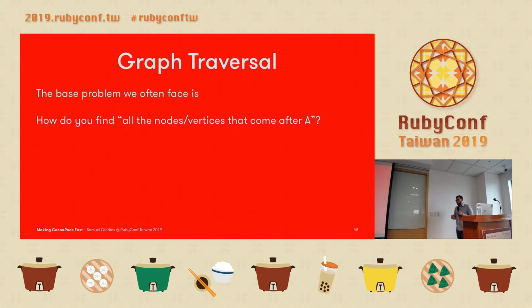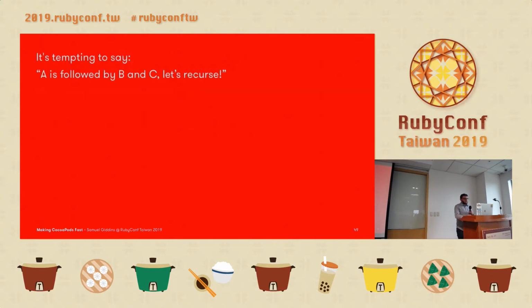So sort of the base problem you do in build systems is you say, how do I find all of the nodes that come after this one? So it's really tempting to say this is a problem for recursion. A is followed by B and C, so let's figure out what B and C are followed by and recurse.